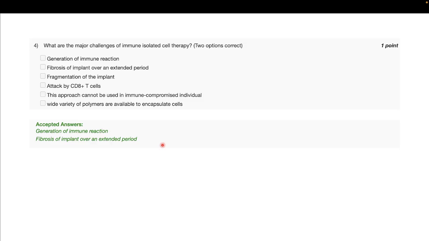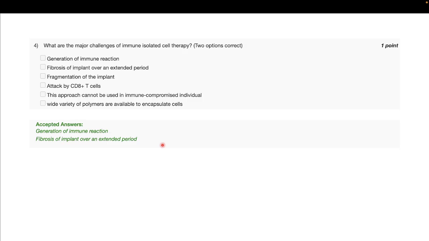So this could happen because now your immune system is not able to get rid of this particular implant because it's very big in size, and your immune cells are not able to contact the implant properly because of your polymer membrane. So in that case, your immune system will completely wall off this implant from the body.